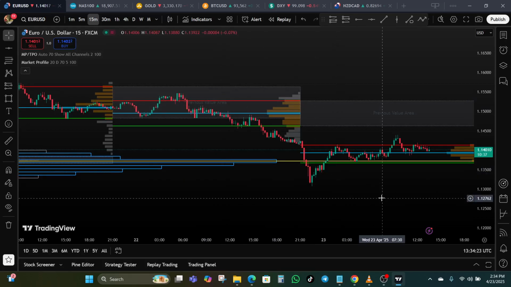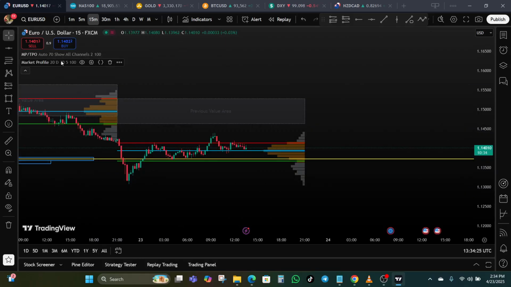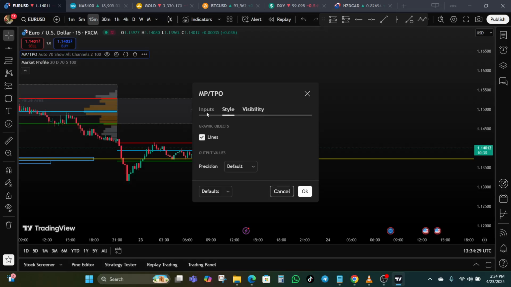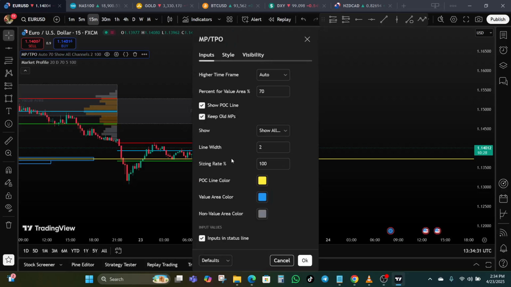And then we also have the point of control. Let's go to the indicator settings and see if there is something. This is the POC line color. The POC represents point of control. This one is the value area color.